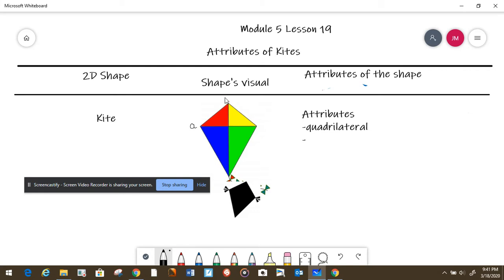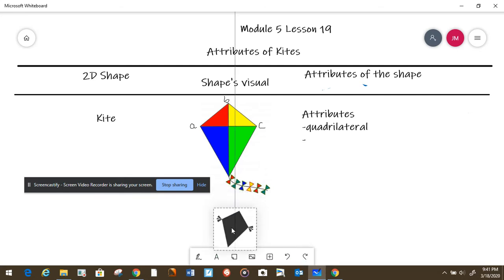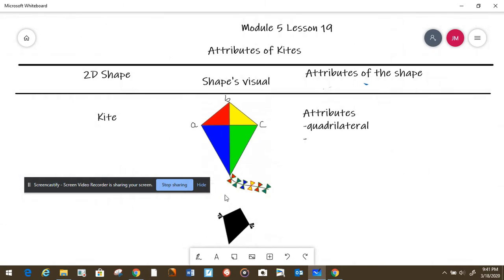So this is segment A and B, and this is segment B and C, and this is segment C and D. So now we have segment AB, segment BC, segment CD, and segment AD.